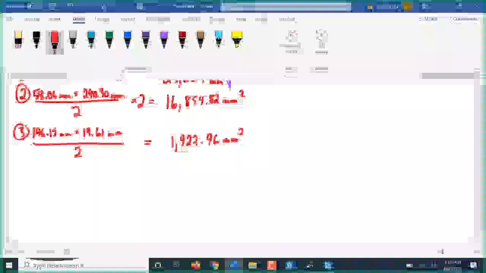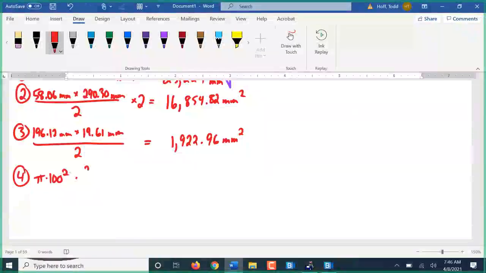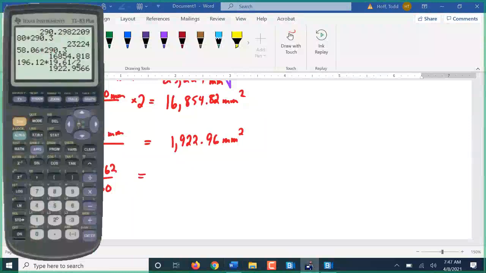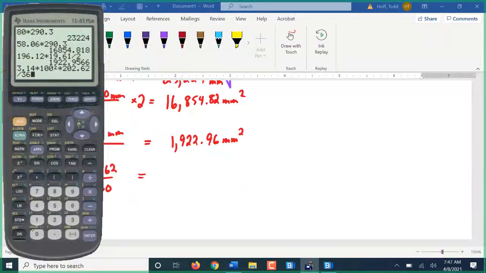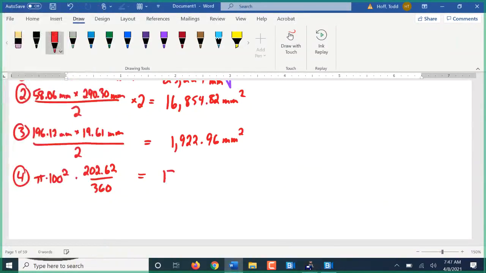So the area of that sector is the area of the whole circle, so pi times 100 squared, times that angle of 202.62 degrees over 360. Giving us 17,672.97 millimeters squared.